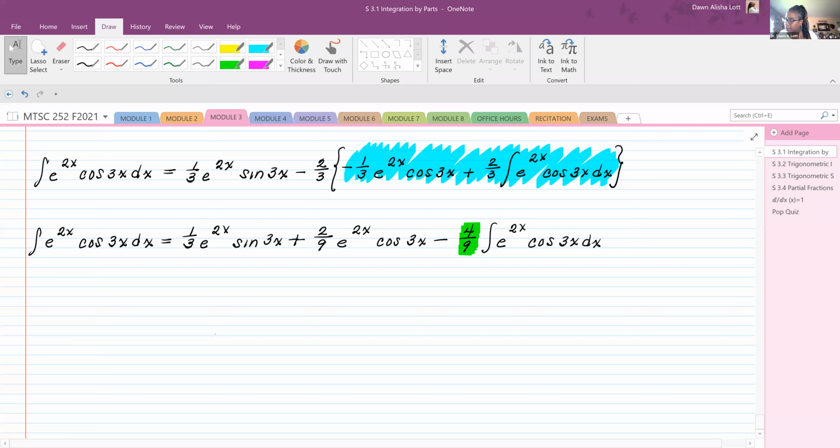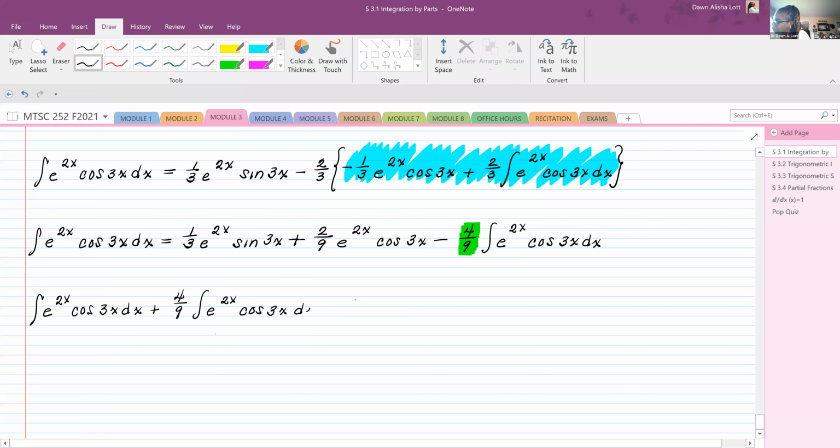So now I'm going to have the integral of e to the 2x cosine of 3x dx plus 4/9 the integral of e to the 2x cosine of 3x dx is equal to what's left: 1/3 e to the 2x sine of 3x plus 2/9 e to the 2x cosine 3x.